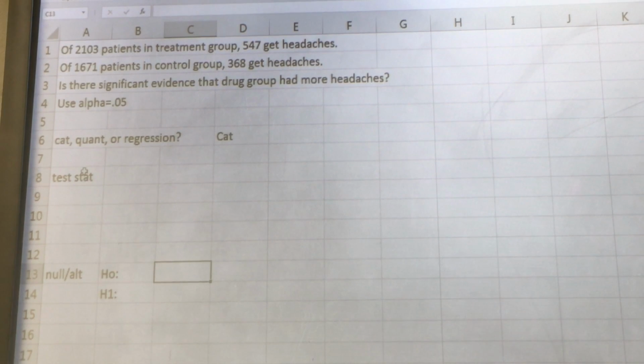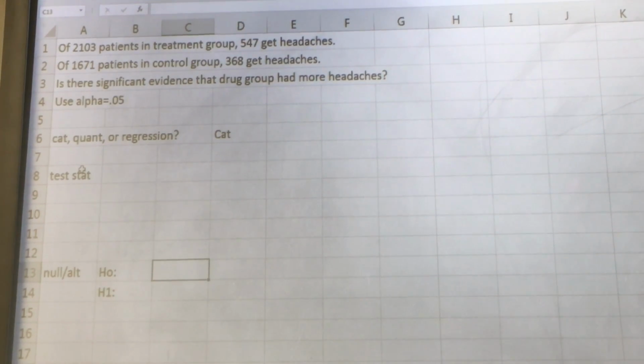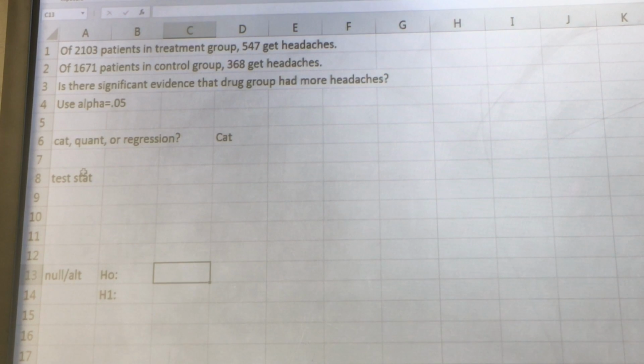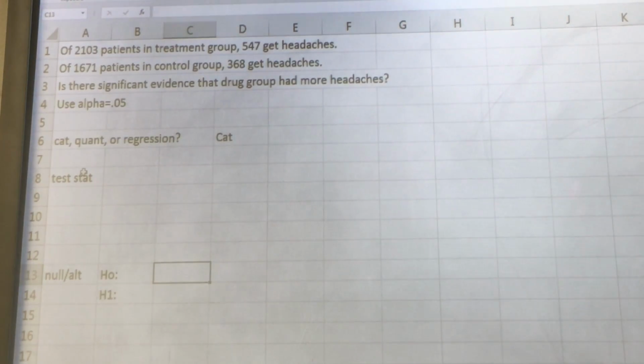Just as a reminder, what does null hypothesis mean? Status quo. I would say status quo is correct, that's not the terms I've used. No change, no difference, or it's a fair coin, right? So in the context of this problem, what does no change or no difference mean?